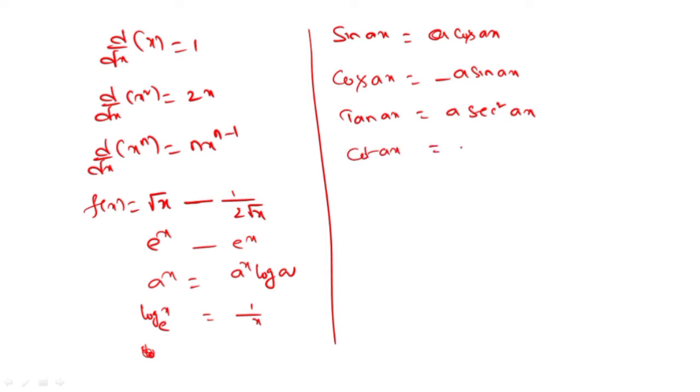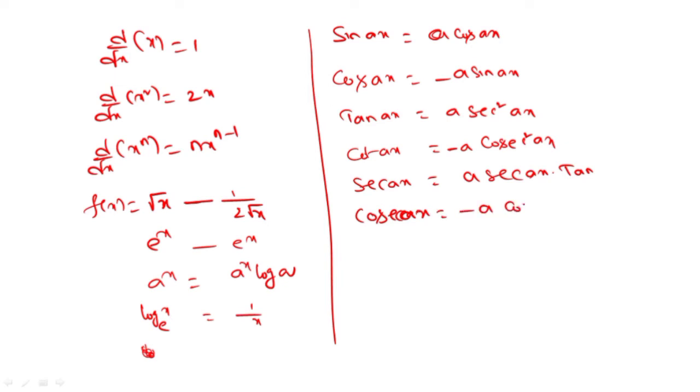Cot ax will be minus a into cosecant square ax. Secant ax is a into secant ax into tan ax. Cosecant ax will be minus a cosecant ax into cot ax.